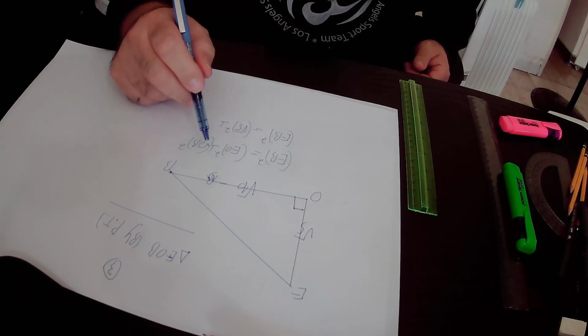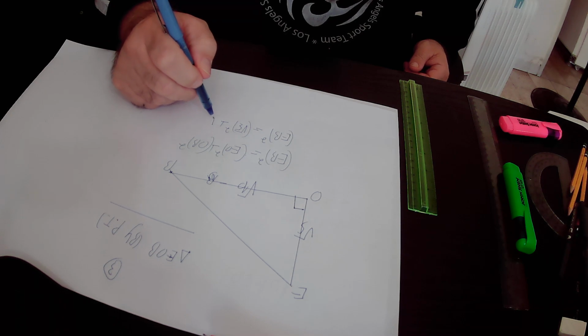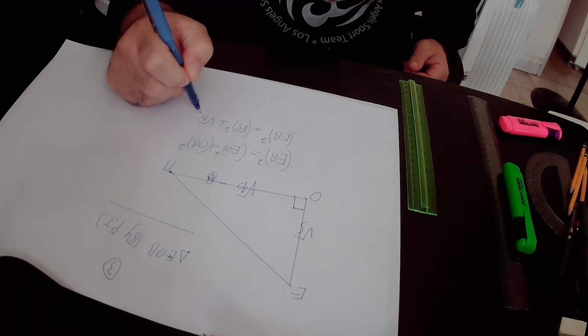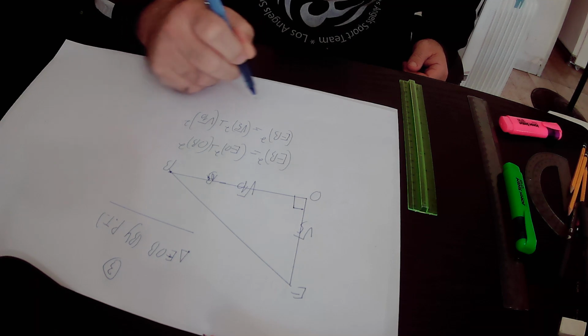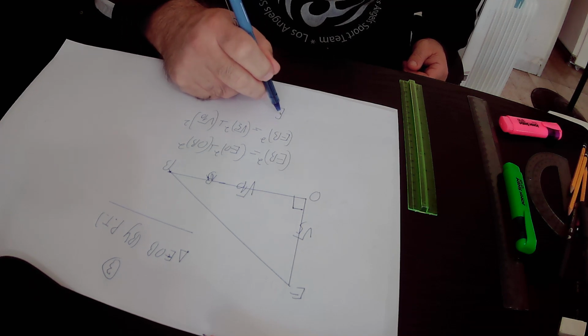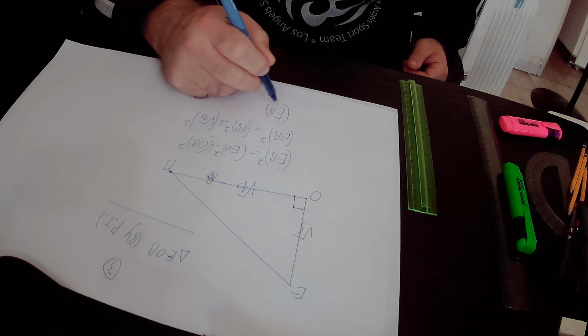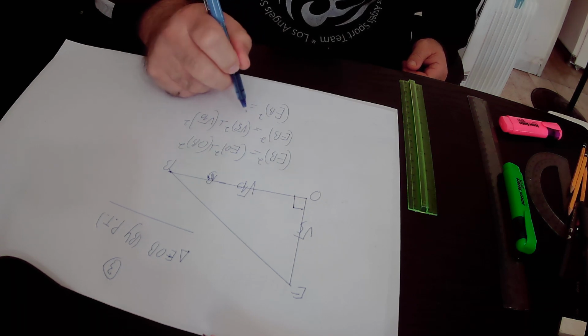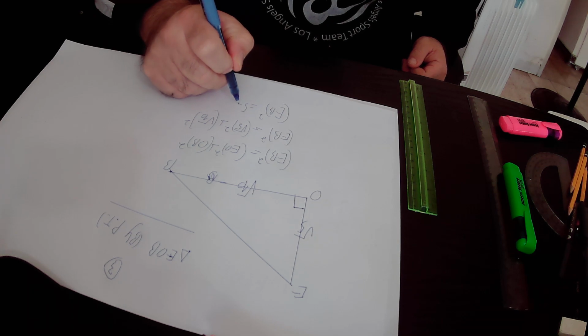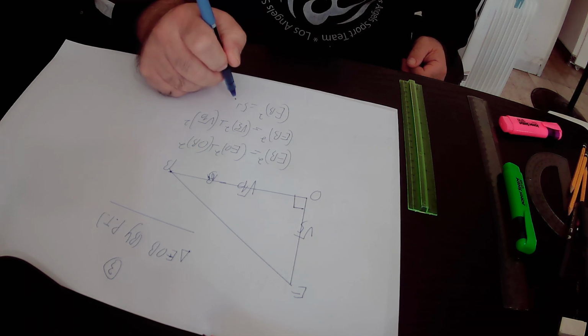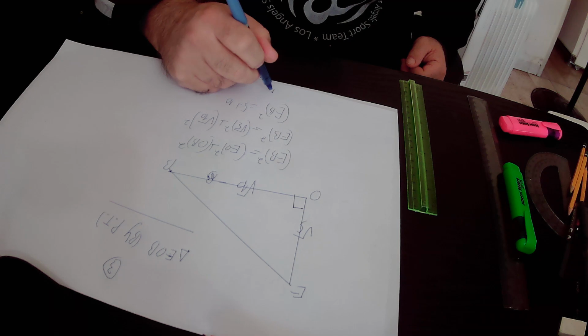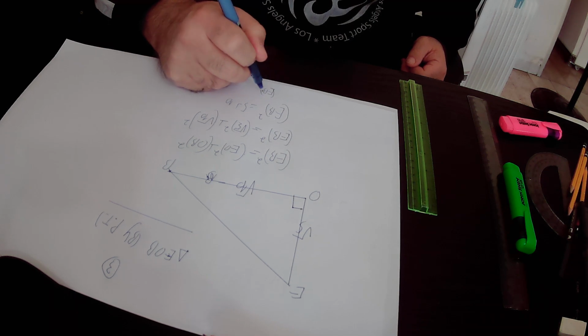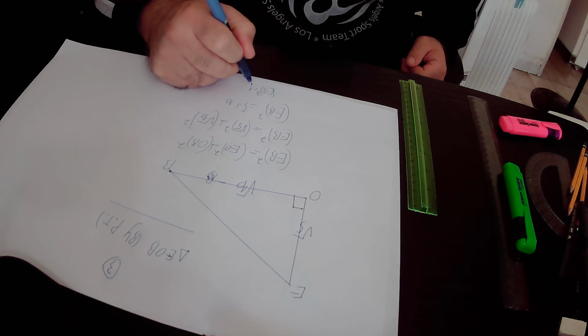OB equals the square root of 10, therefore OB squared equals the square root of 10 squared. So I found out that EB squared, that is the square of the hypotenuse EB, equals the square root of 5 squared, that is 5, plus the square root of 10 squared, which is 10. So in conclusion, EB squared equals 5 plus 10, that is 15.